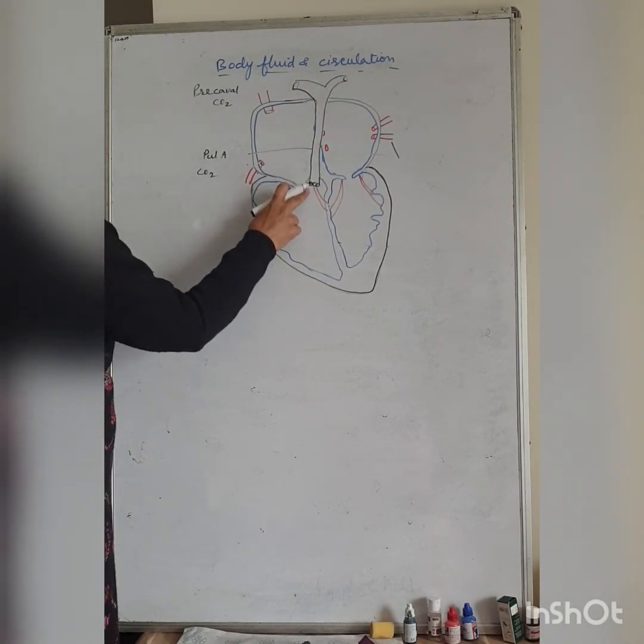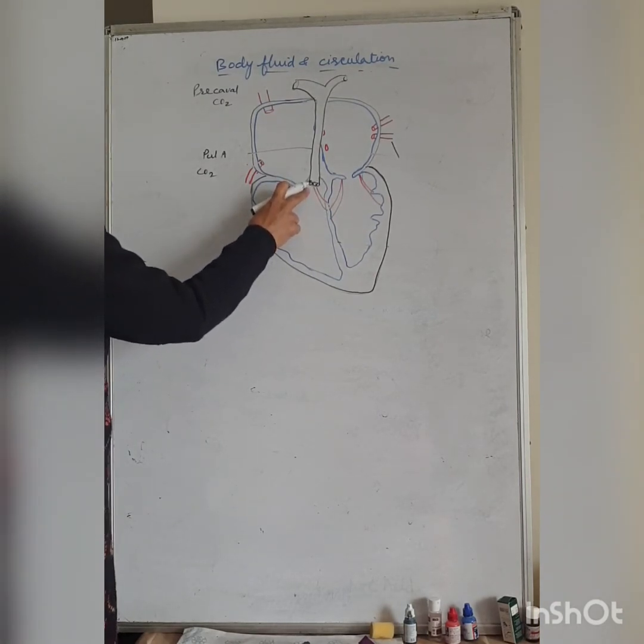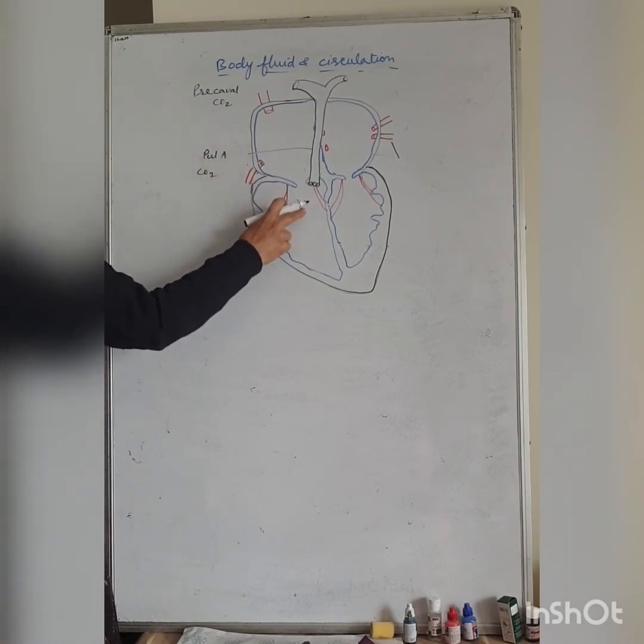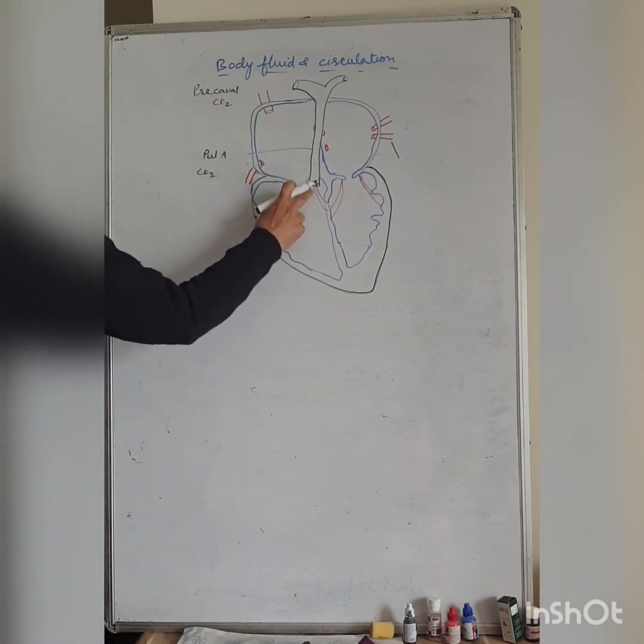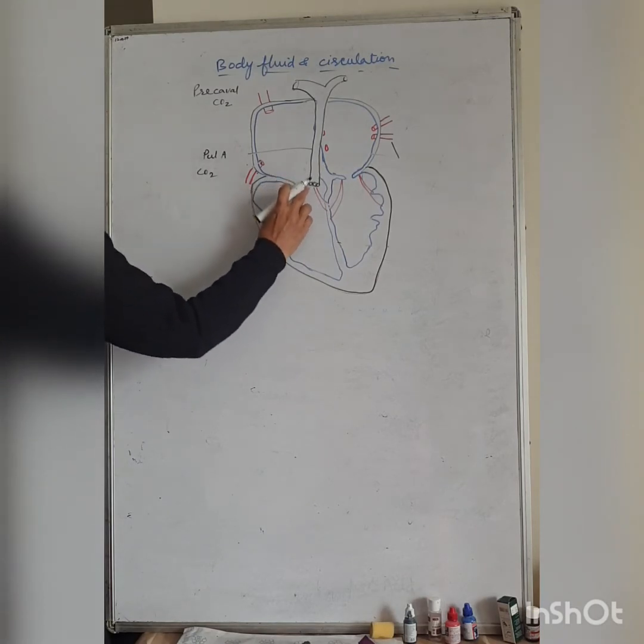This is the artery that carries the deoxygenated blood. The opening of the pulmonary artery is also guarded by a valve.